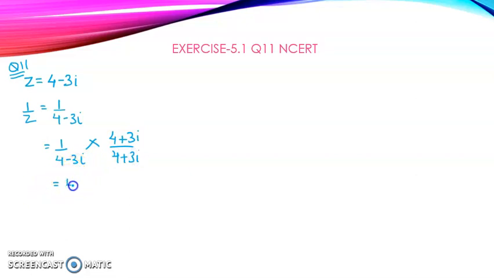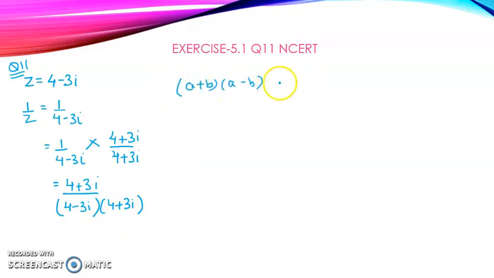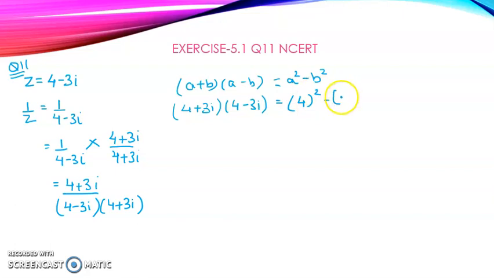So we will be getting 4 plus 3i upon 4 minus 3i into 4 plus 3i. This is again a plus b into a minus b, which is equal to a square minus b square. So 4 minus 3i into 4 plus 3i is equal to, what is the value of a? 4 square, minus, what is the value of b? 3i, whole square.